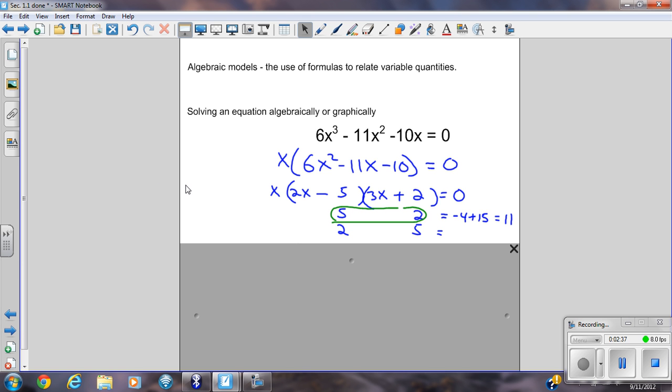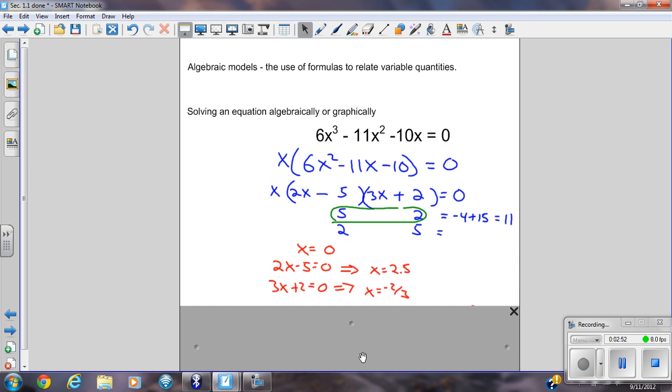Now that I have the equation totally factored, I can set each one of these, x, 2x - 5, and 3x + 2, equal to 0 and solve, which is what I have done next.